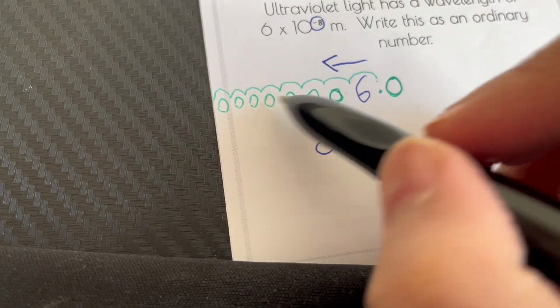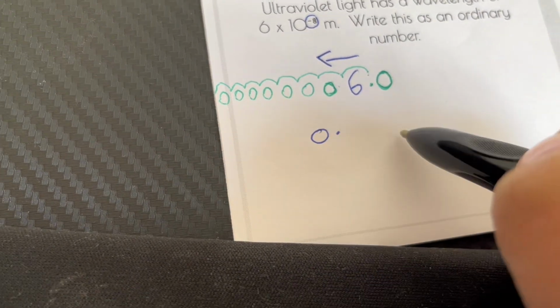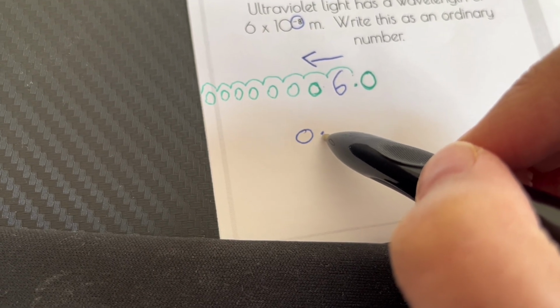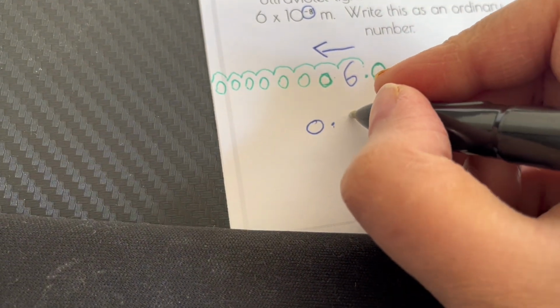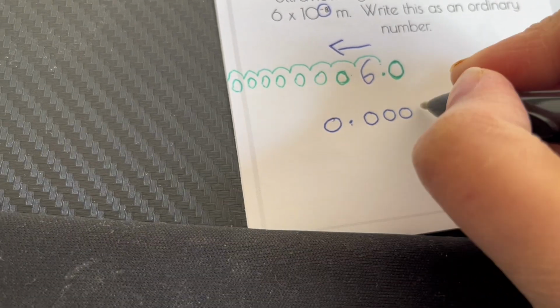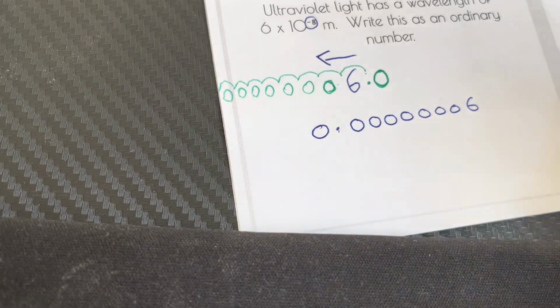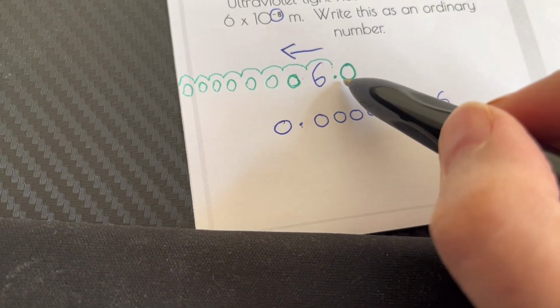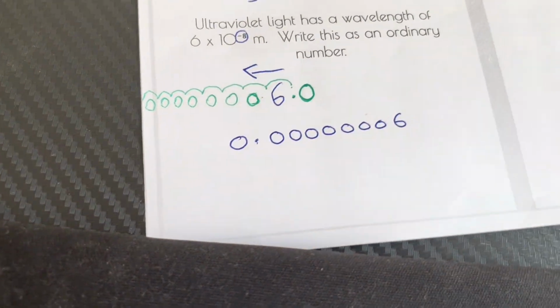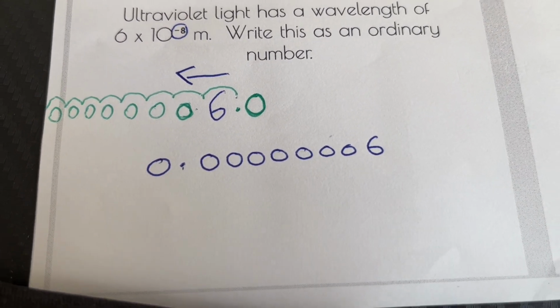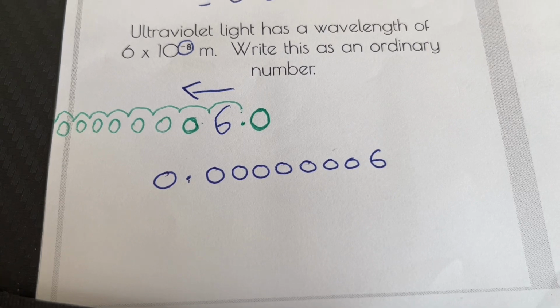These zeros are all there that I need to include in my answer, but this 0 is just in front of the decimal point. So I've got 7 zeros now. 1, 2, 3, 4, 5, 6, 7, and then finally my 6. And of course I don't need to add my 0.0 after that. That was just what I started off with and part of my working out. So this should be our final answer.